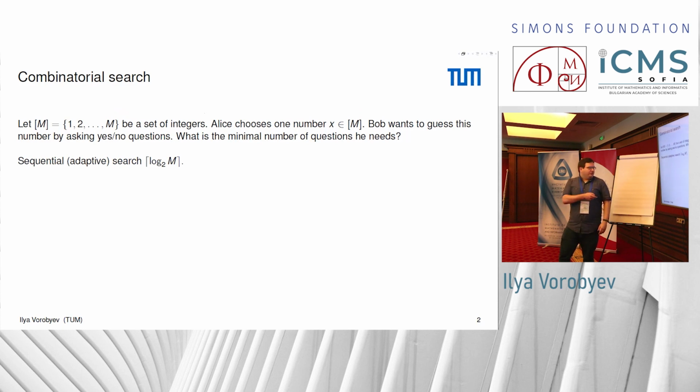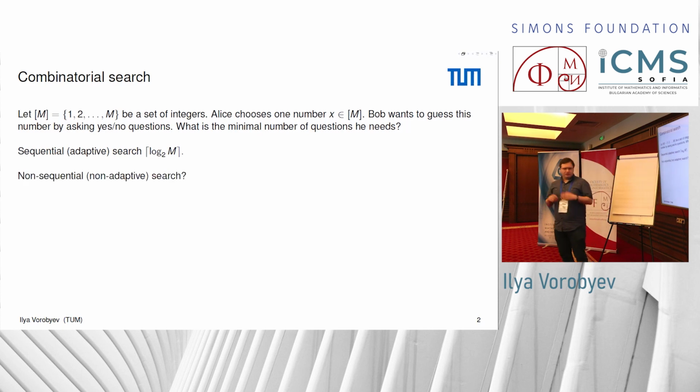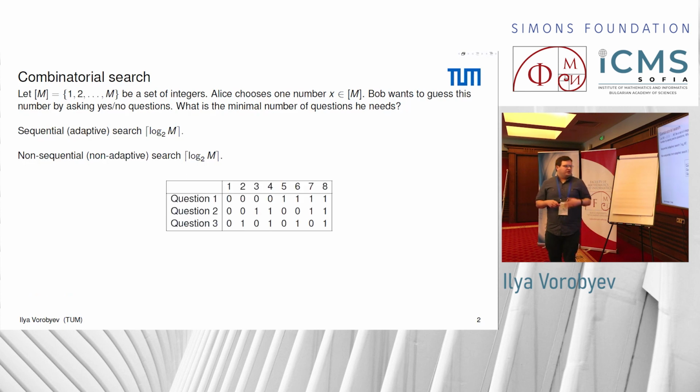Okay, also we can consider non-adaptive search, which means that he thinks of all his questions in advance, sends the list of his questions, then receives a list of answers, and then he needs to give an answer. In this case, we can represent his questions with a matrix.